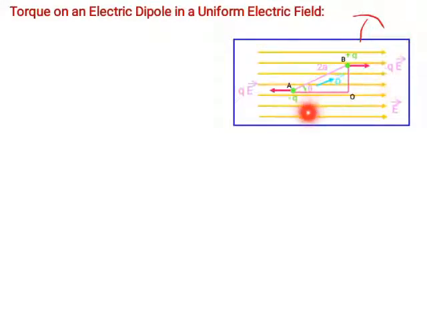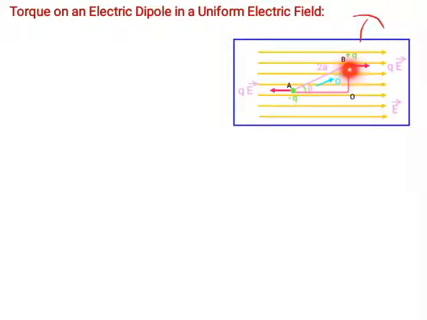Force F is equal to qE, due to the negative charge and positive charge, but the directions are opposite with respect to the electric field. If we consider the negative charge, the force is opposite to the electric field. Due to the positive charge, the direction of the force is towards the electric field.